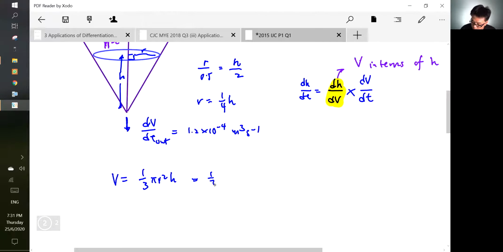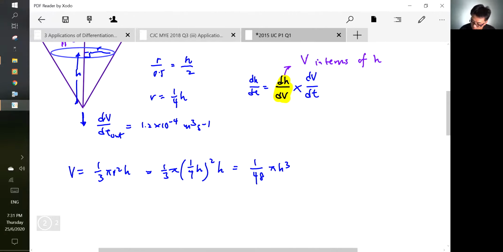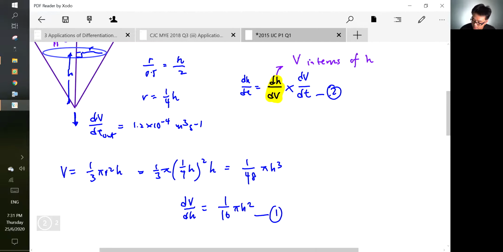So this will be 1/3 pi, 1/4 h squared, h, which is 1 over 48 pi h cubed. So dV/dh will just be 3 over 48, 1 over 16 pi h squared. This is quite manageable.